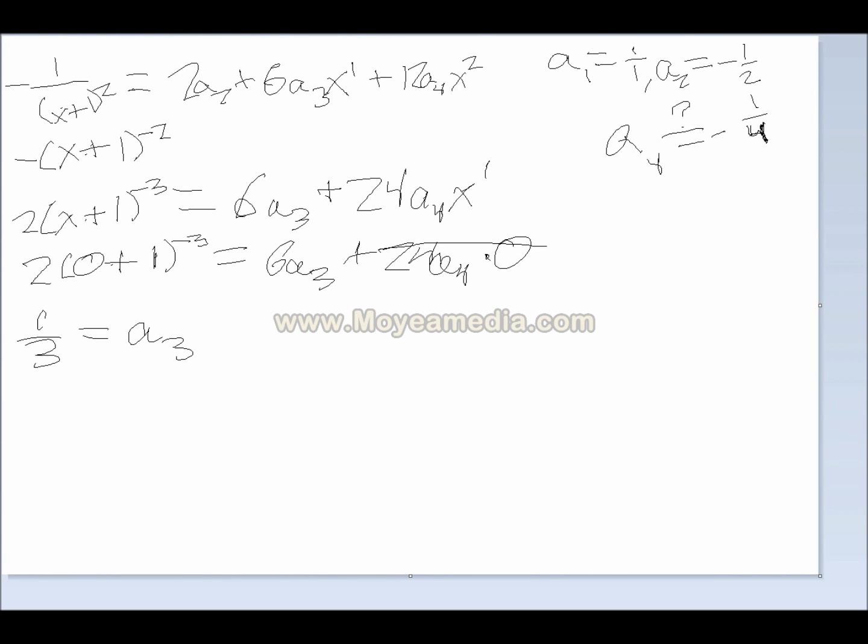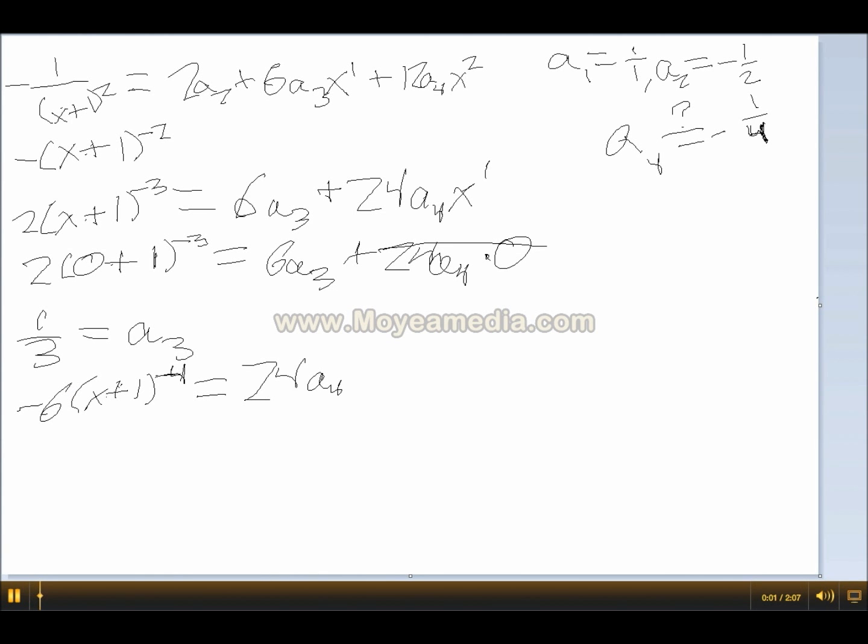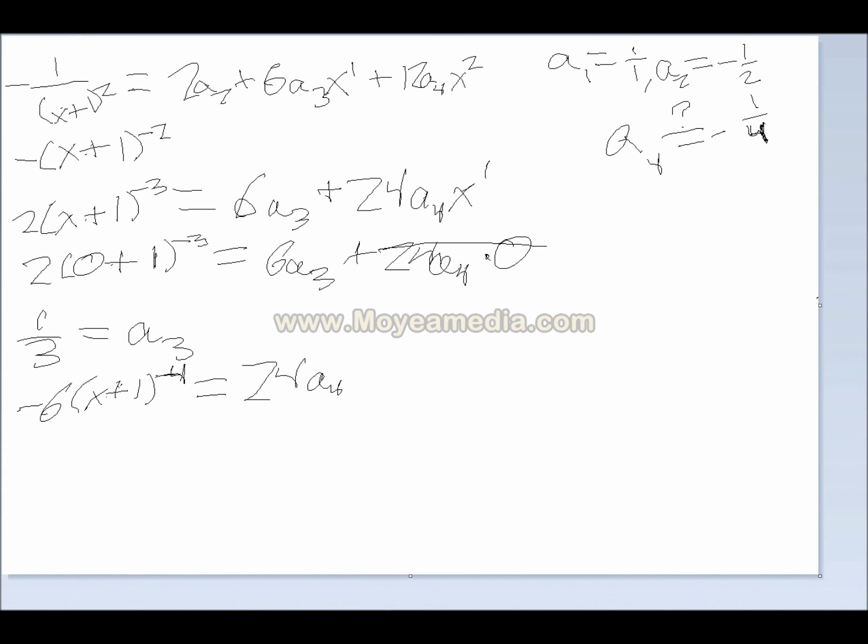Let's try it out. Let's derive this again. Bring the 3 down, so we have negative 6 times x plus 1 to the negative 4. My video cut out there. So, negative 6 times x plus 1 to the negative 4th equals 24 a sub 4.